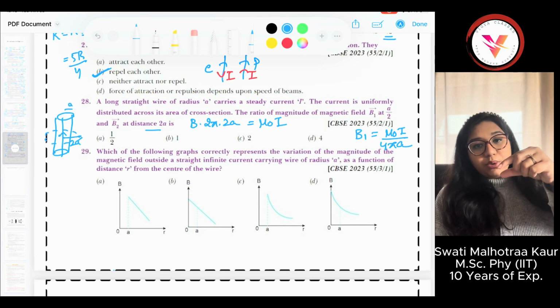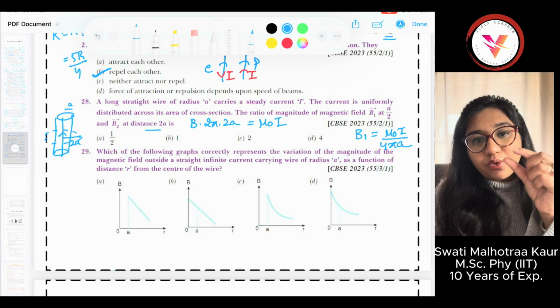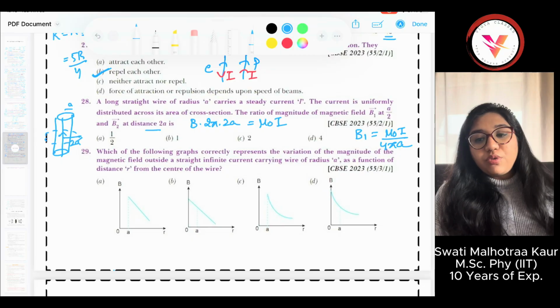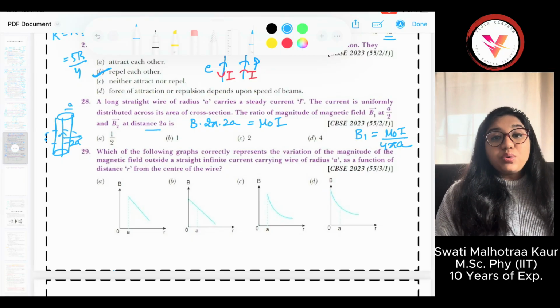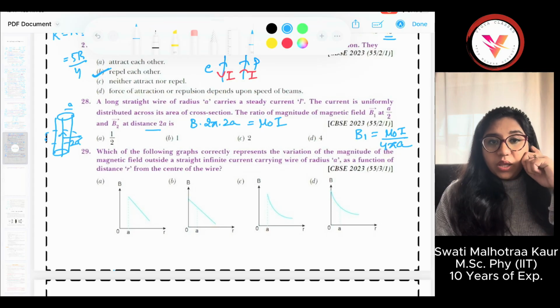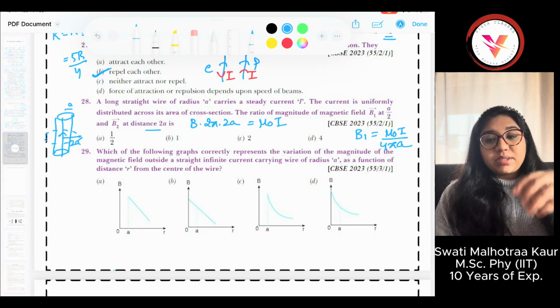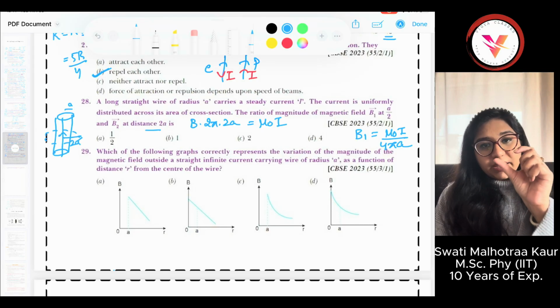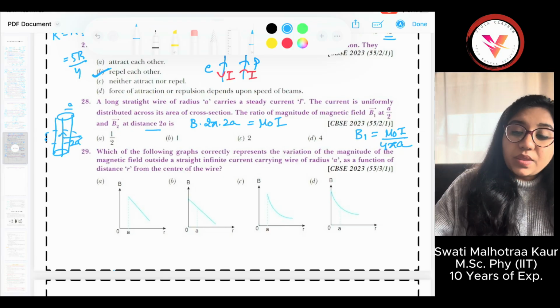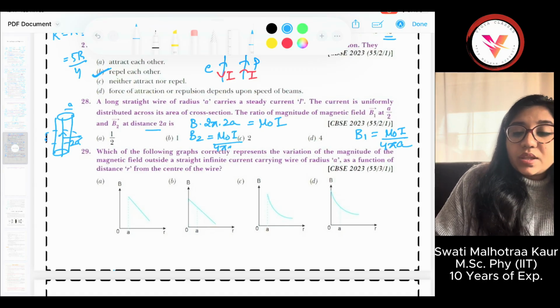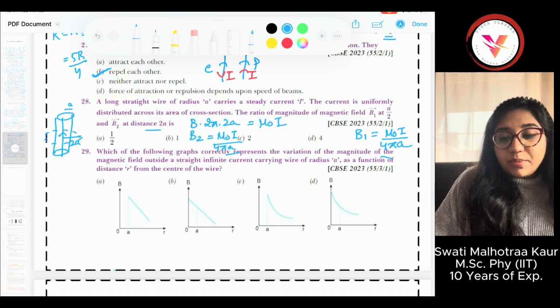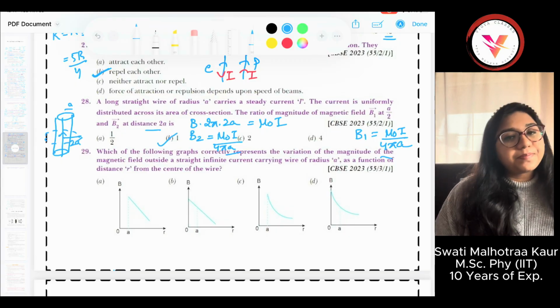Earlier only A/2 was coming, so we had to find the current flowing in A/2 if a uniform current is flowing through the wire of radius A. So you have to use the current density, which means current per unit area, then multiply by the area of Ampere's loop. So here also B2 comes out to be mu naught I over 4 pi A. So B1 and B2 are both the same, the ratio is 1:1.